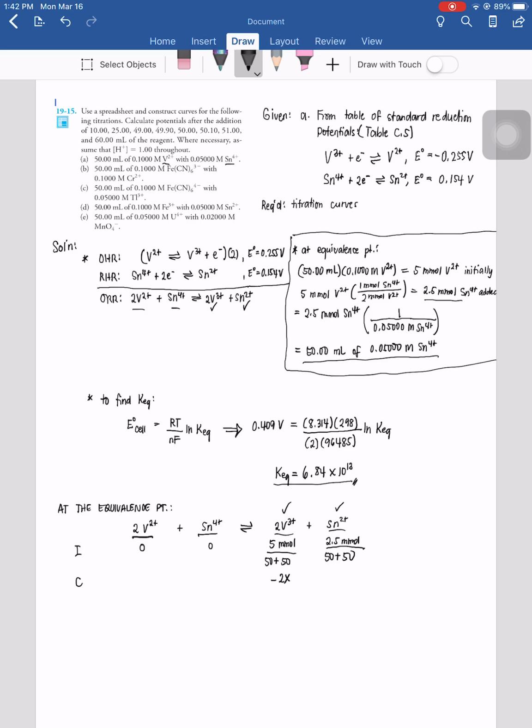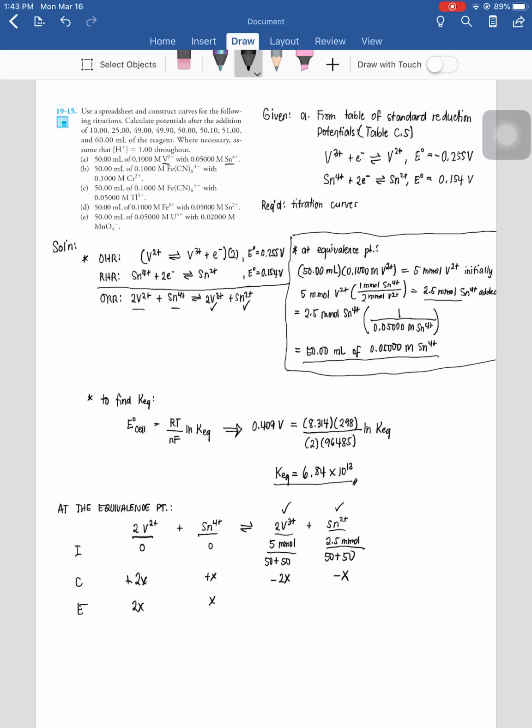And for the tin-2, a certain concentration, x, will be converted into their corresponding ions, like so. So that at equivalence, we're able to get the following.